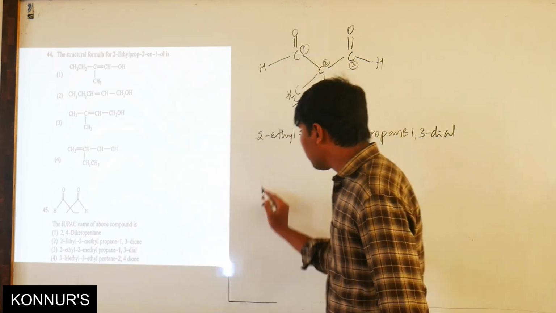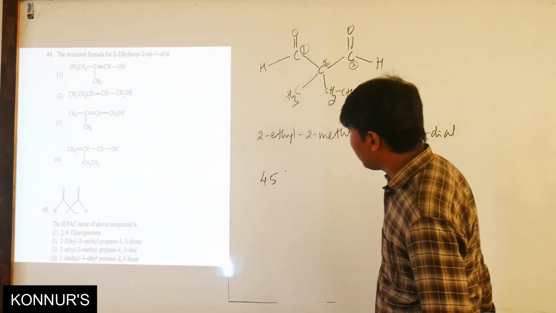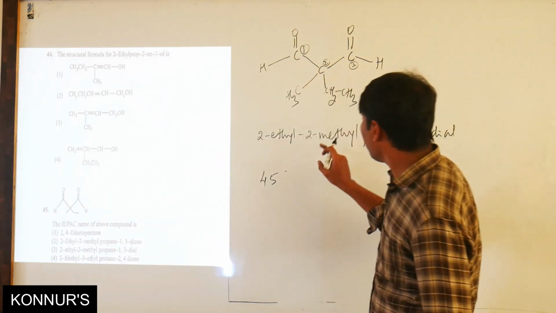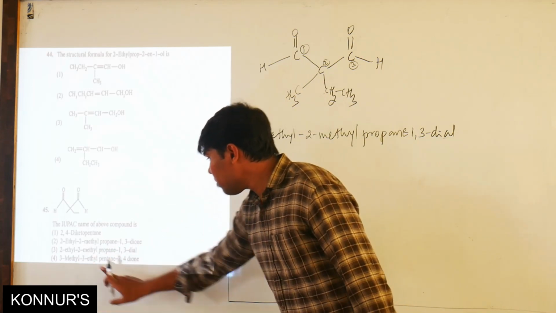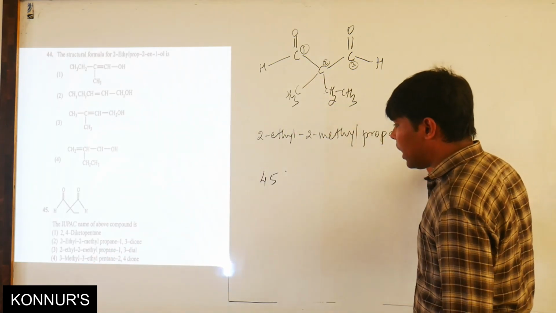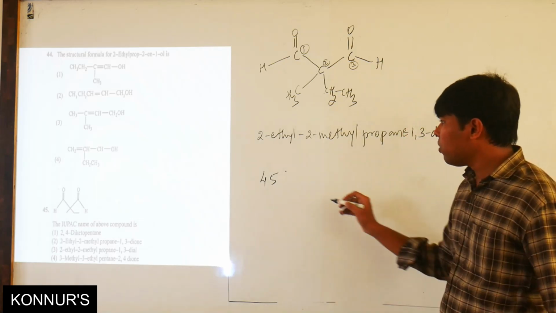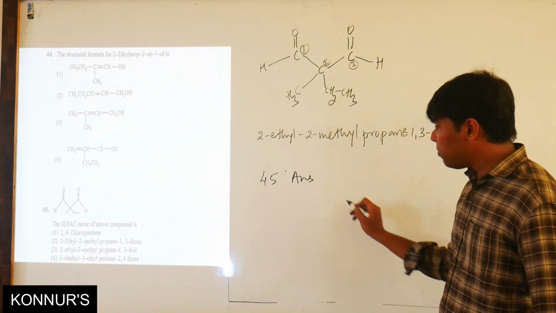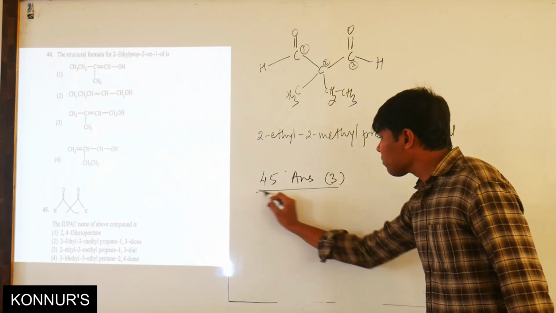So the option becomes the 45th. On the second carbon there is an ethyl, on the second carbon there is a methyl, propane-1,3-dial. So 45th example, the answer is option 3. That's the case.